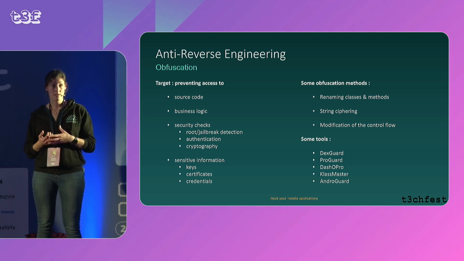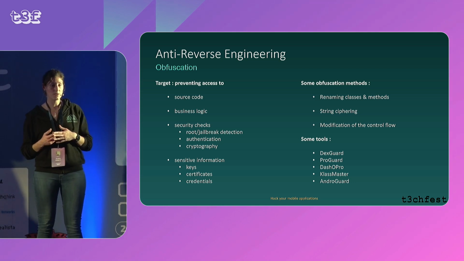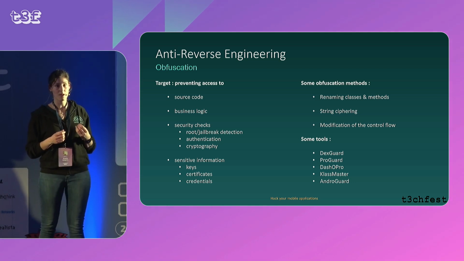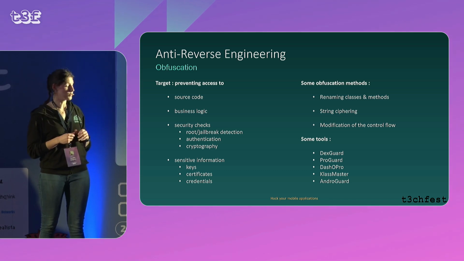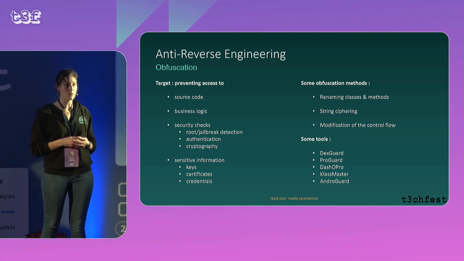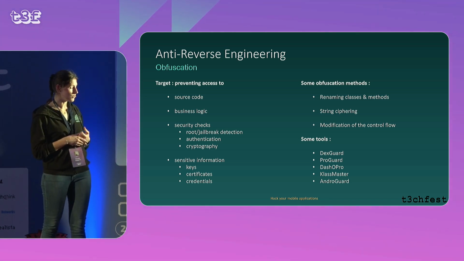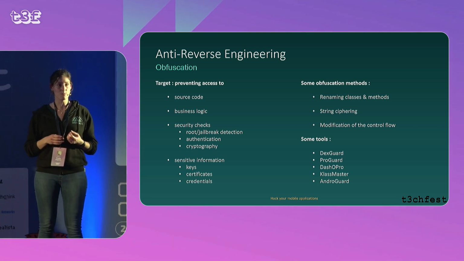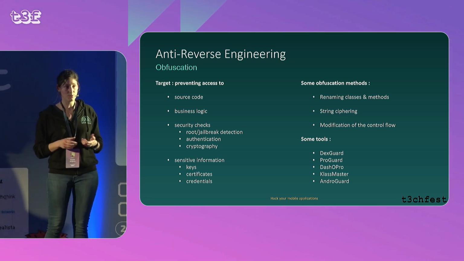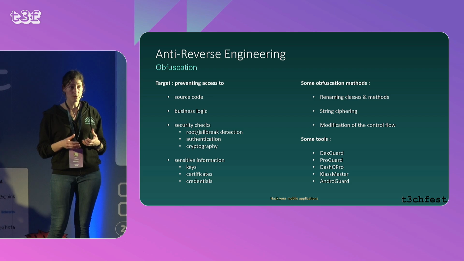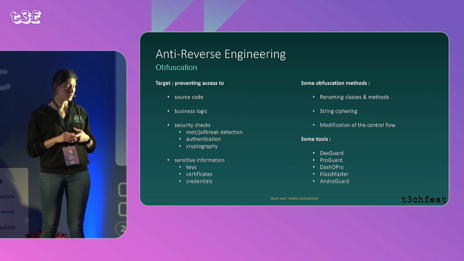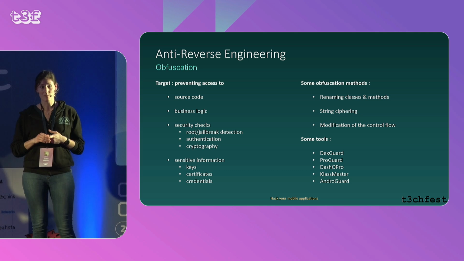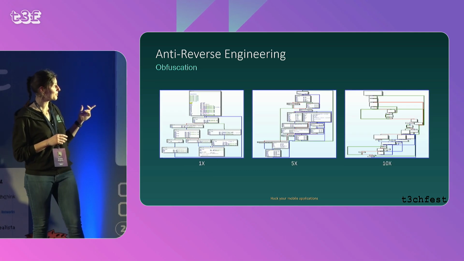Also, the strings that you can have hard-coded in your code are ciphered, so they can be retrieved with uncipher, but they won't be understandable easily. Obfuscation also modifies the control flow, the business flow, so it makes it harder to understand. There are some tools. The best known is DexGuard. And yeah, we go see an example.